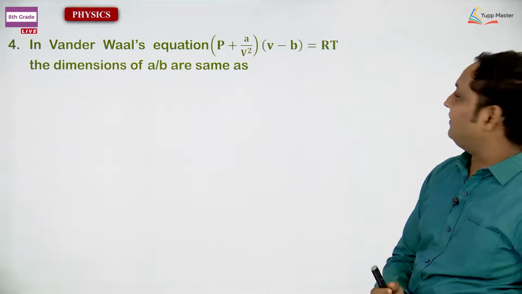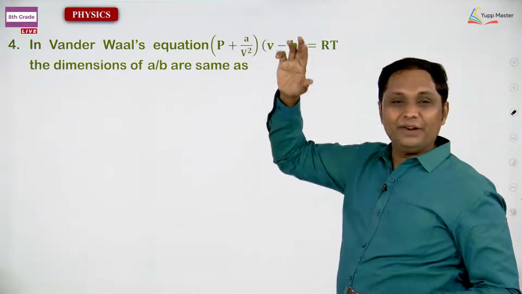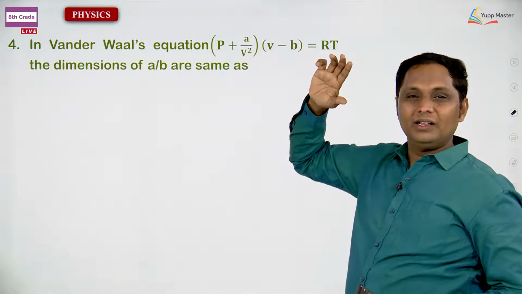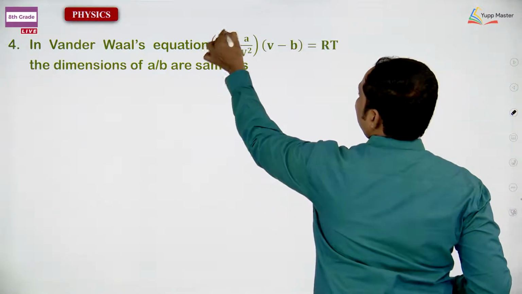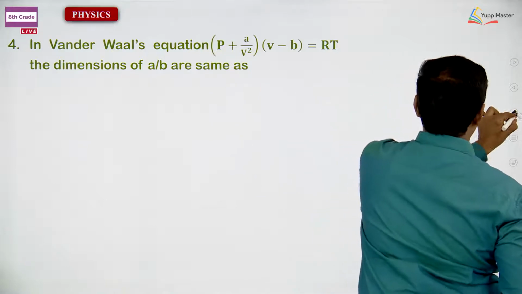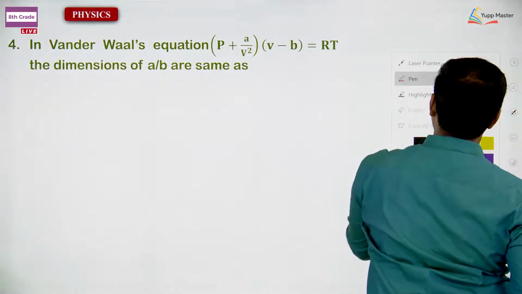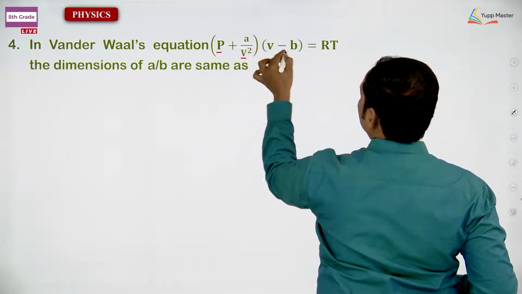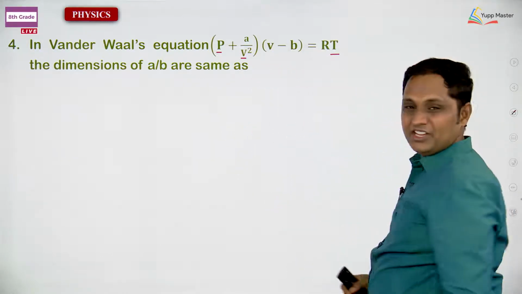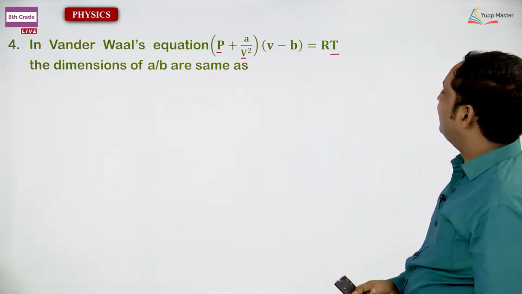Van der Waals gas equation gives the relation of pressure, volume, and temperature, where R is the real gas constant.